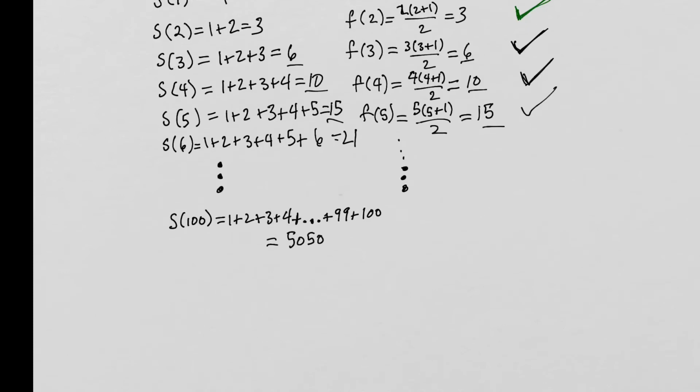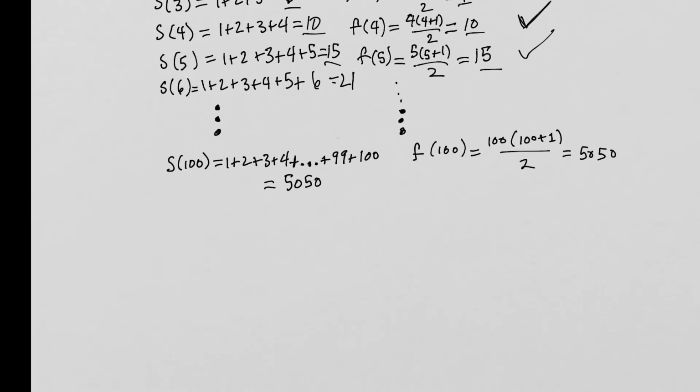And over here, we also checked F of 100, which is equal to 100 times 100 plus 1 divided by 2, which is equal to 5,050. Okay, and so those checked out.